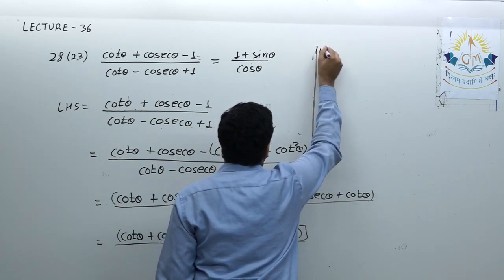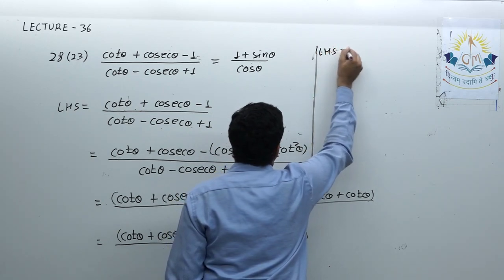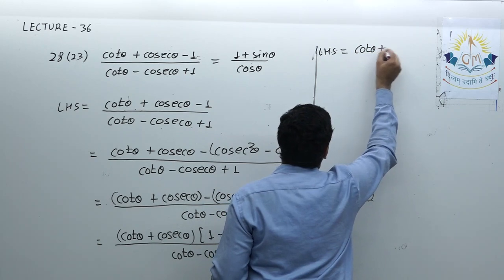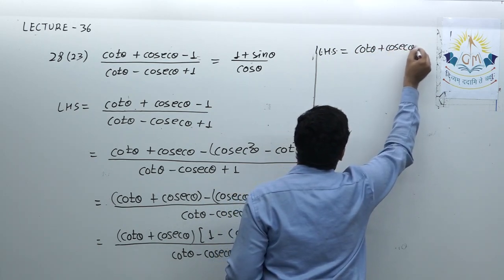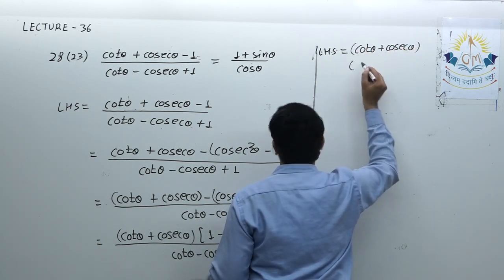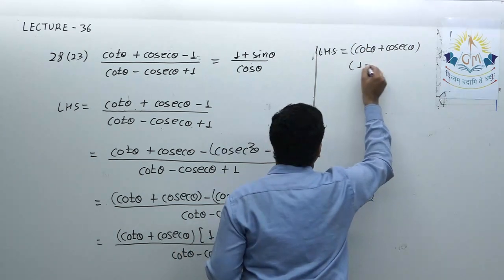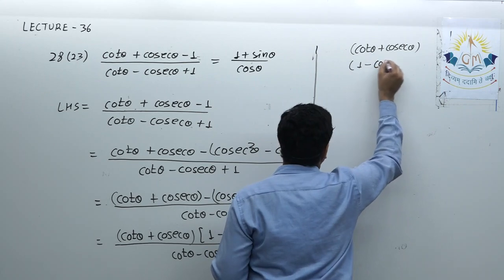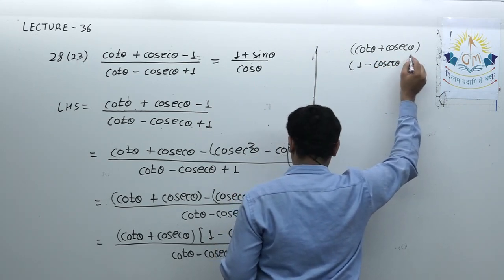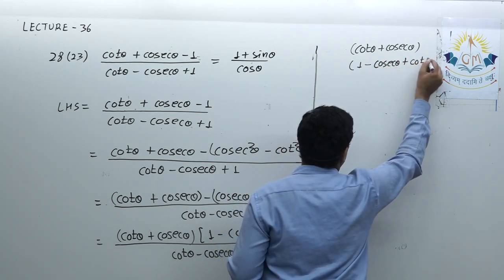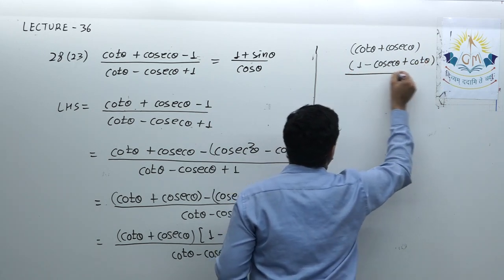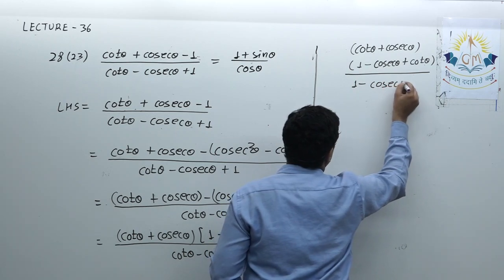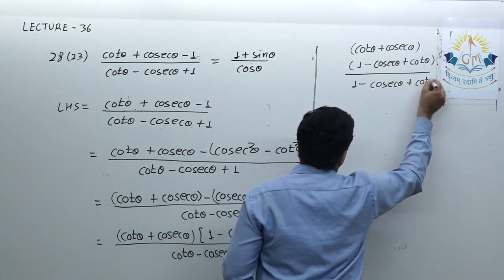So the left hand side is equal to cot theta plus cosec theta multiplied by (1 minus cosec theta plus cot theta) divided by (1 minus cosec theta plus cot theta).